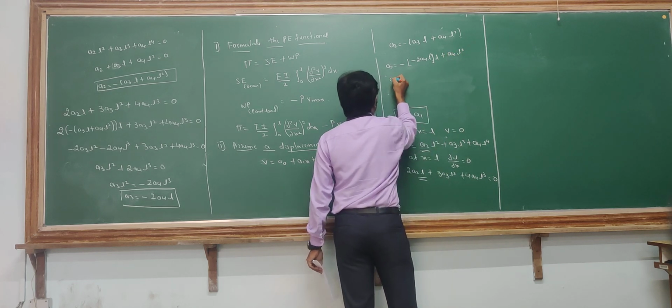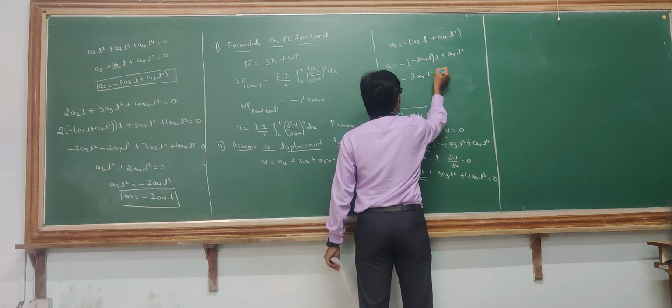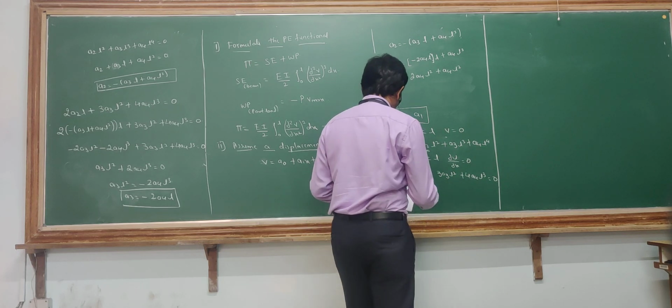So this becomes 2A4L square plus A4L square.